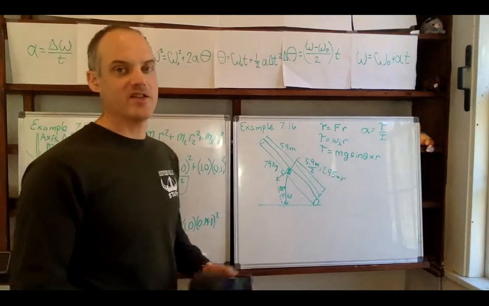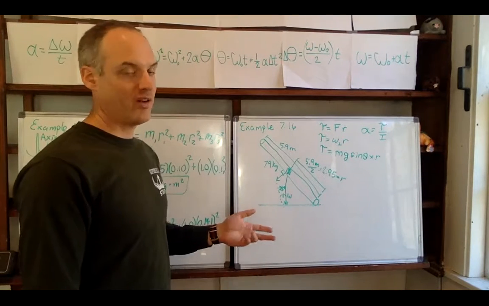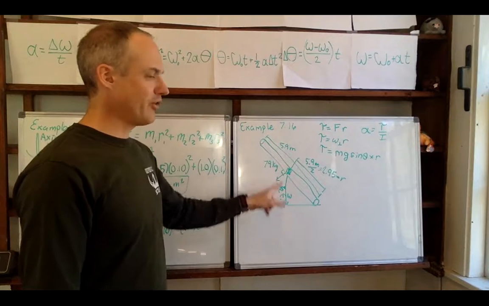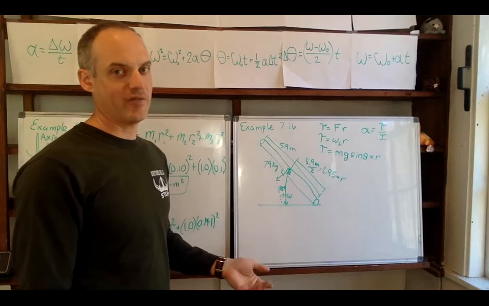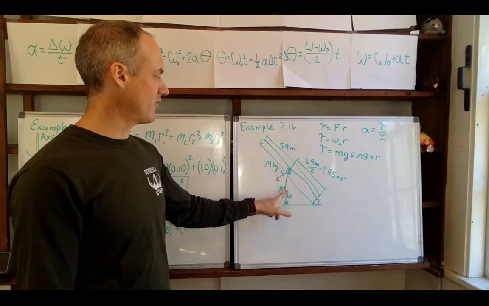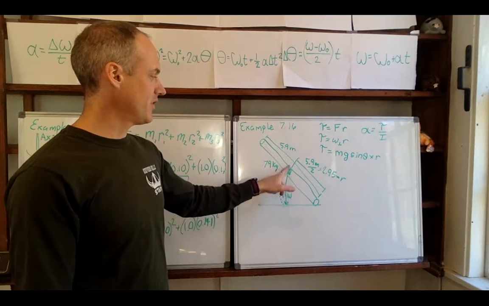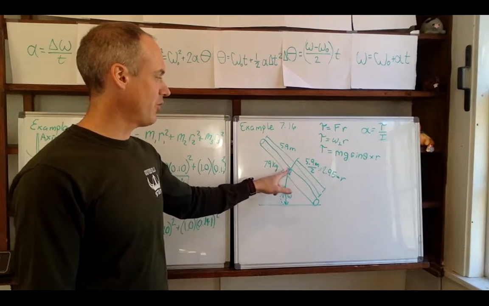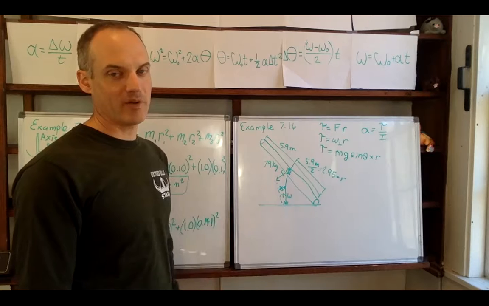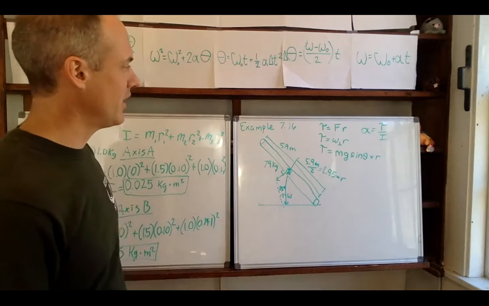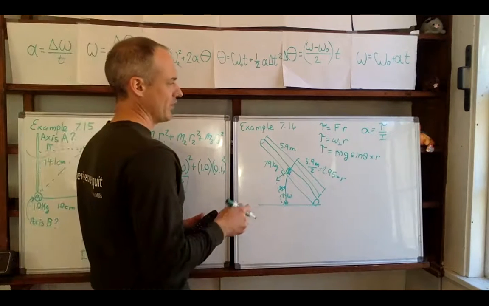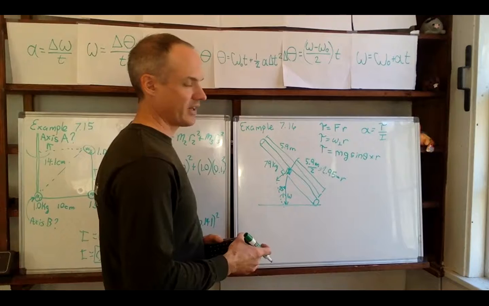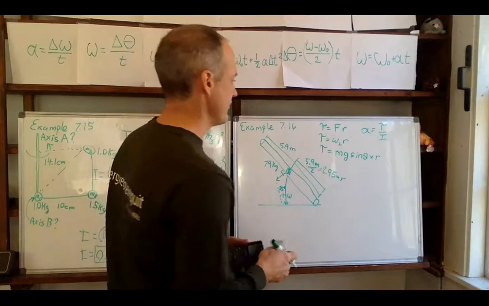Sine theta is in there because it's not the full weight force, it's the component of it. The weight force is pulling straight down, but there's a component of that pulling perpendicular. So let's go ahead and calculate that, because we have all the numbers and values.